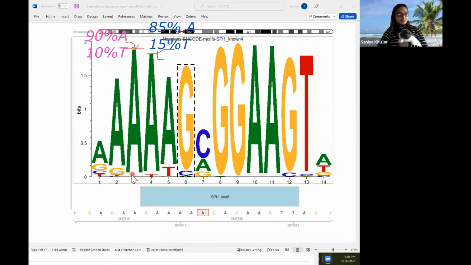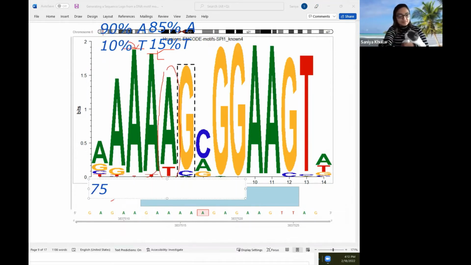Here, C and G are very small probabilities, probably like 1%, so they don't even appear here. But we are more confident in this position, with more information than in this position, because the chance of having the other base like T is slightly higher here. So there's less certainty about A. That's why there's a little bit less information. It could be like 75% A.